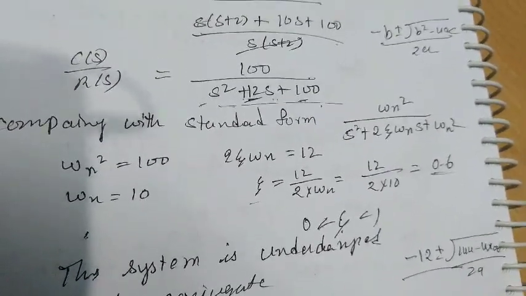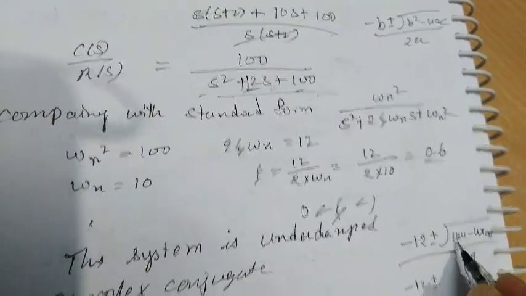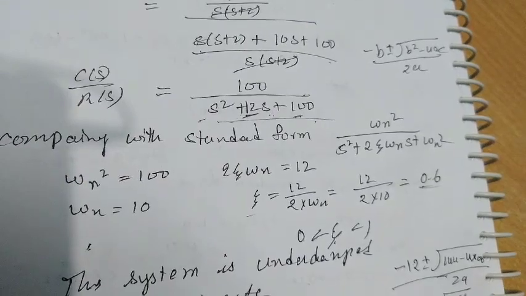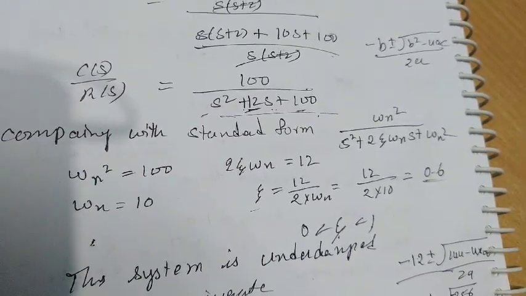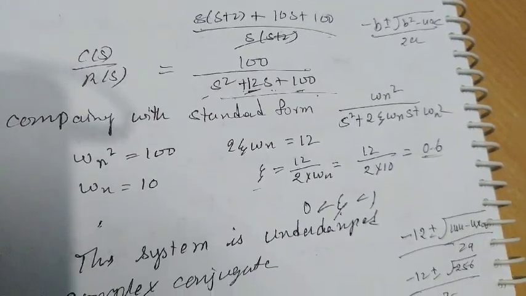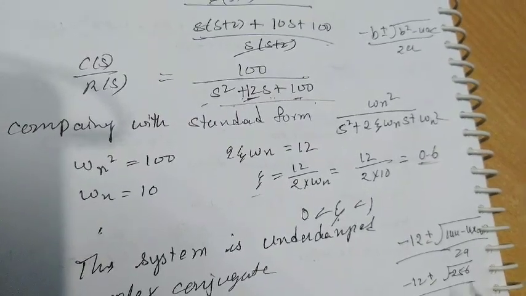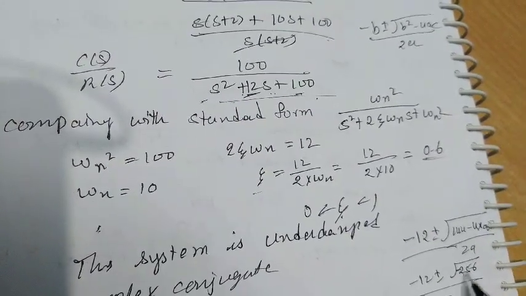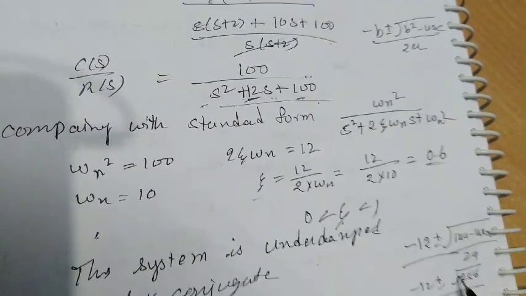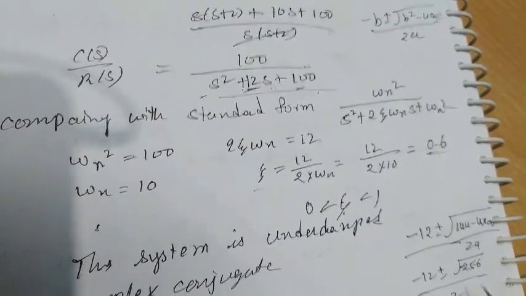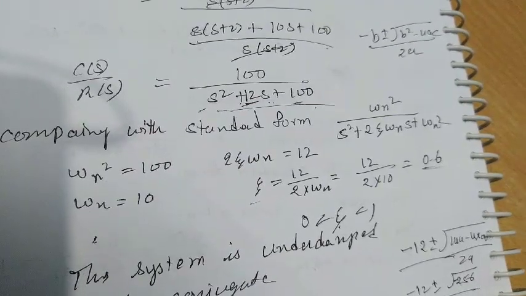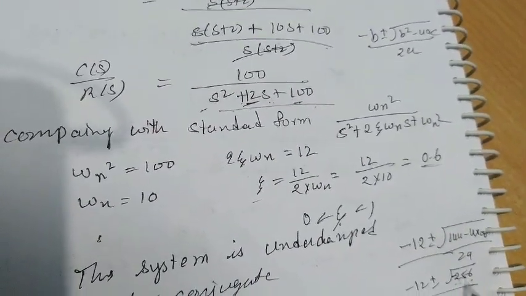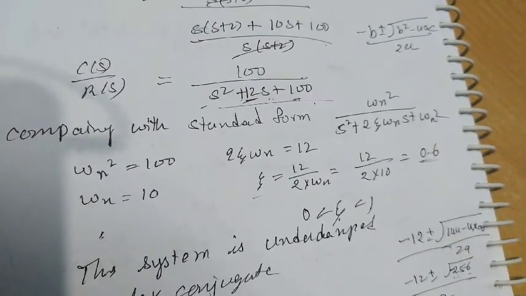So I'll get minus 12 plus or minus under root 144 minus 400, that is under root minus 256, divided by 2. Root of minus 1 gives j, and root of 256 is 16.